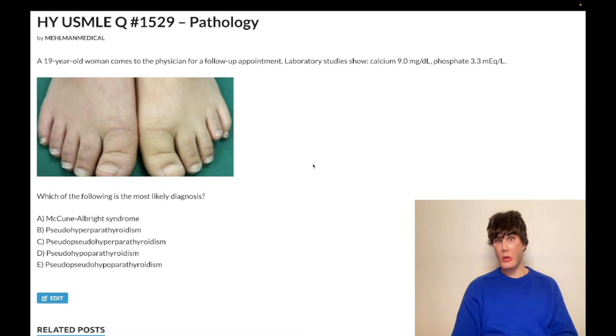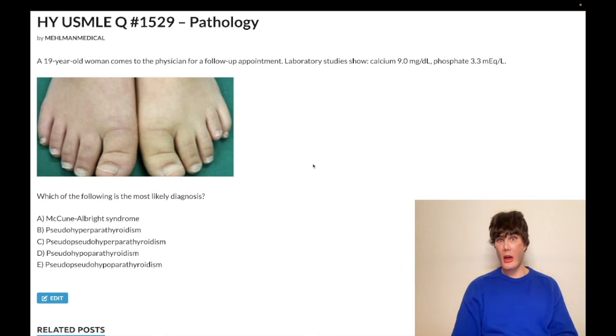Now, in pseudopseudo, you also have a mutation in the GNAS gene, but it's on the paternal allele in terms of imprinting. And although we also get the Albright phenotype, we don't have the insensitivity to PTH. Okay, so your urinary cAMP is going to be normal. You will respond to exogenous PTH where urinary cAMP will go up.